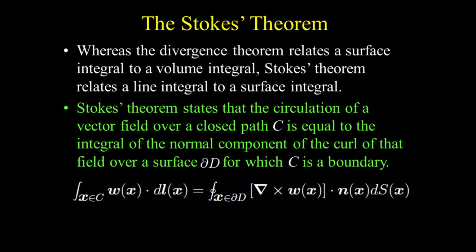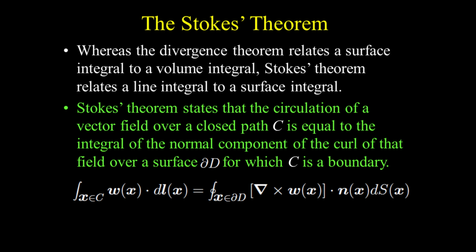A similar type of theorem to divergence, due to Stokes, states that for any vector field W, we have this relationship. Here we use the curl of vector W instead of the divergence of W, whereas the divergence theorem relates a surface integral to a volume integral.